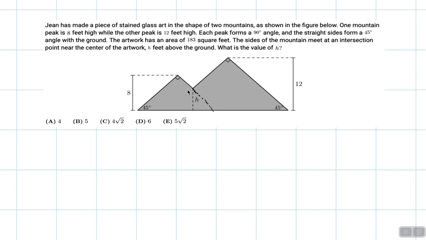If we form these triangles, this is going to have a 45-degree angle, a 45, 45, 90 triangle. Same with this triangle, it has a 45-degree angle. And it forms this triangle.